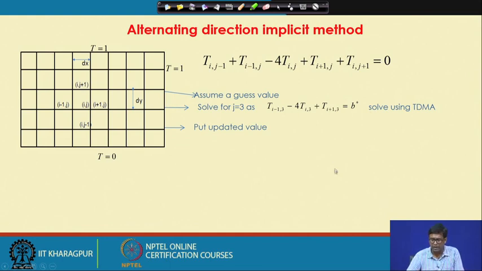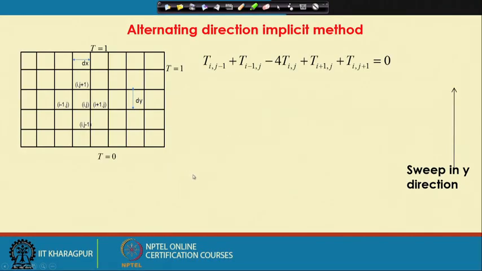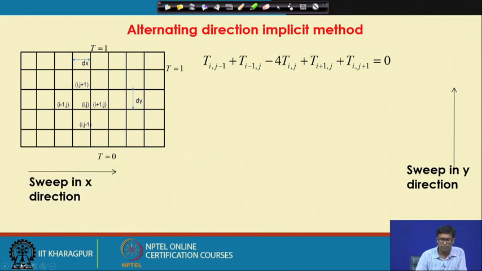Similarly, we will do a sweep in the y direction. We will solve for j is equal to 4, j is equal to 5, and so on. This is called a line solver, because each line can be solved using a TDMA. Once this is done, I have updated values which are not final values, because we started with guess values at certain points. Then I will do a sweep in the x direction, assuming a guess value for one particular i, and calculating all the values in the j direction.